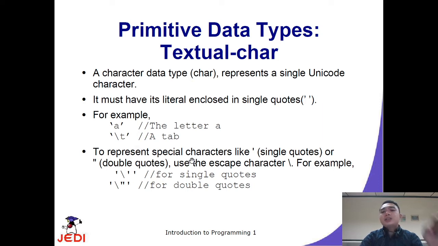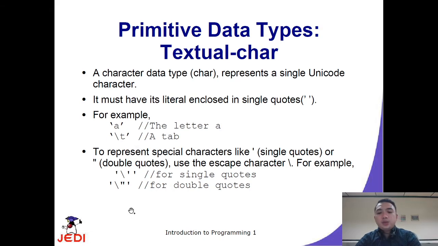To represent special characters like single quotes or double quotes, you need to use the escape character, the backslash. For example, to represent a single quote, you precede the single quote with a backslash and enclose it with single quotes, representing a character.